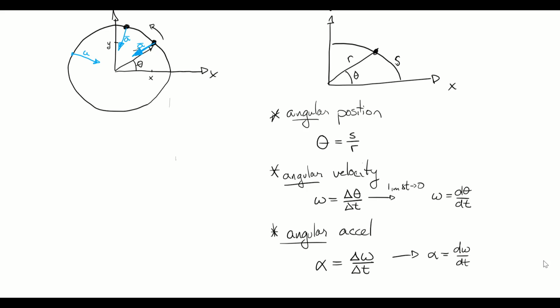On an angular position versus time plot, right? The angular velocity is going to be the slope of that, because that's what the derivative is.